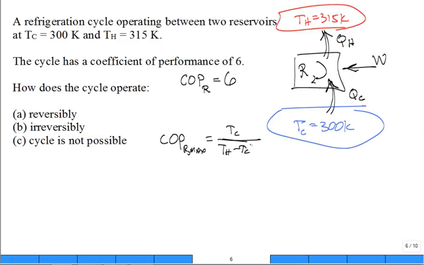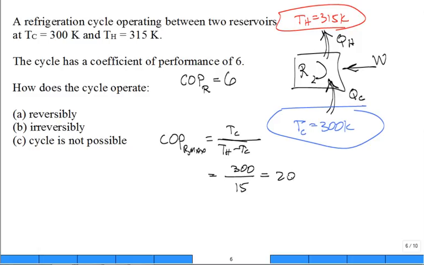Yeah, right? So when you stick in your numbers, you find that it's going to be 300 divided by 15, which comes in at a whopping number of 20. So the maximum coefficient of performance for a reversible refrigeration cycle operating between a high temperature reservoir at 315 and a low temperature reservoir of 300. 315 and 300, right? I may have misspoke on my temperature, sorry.